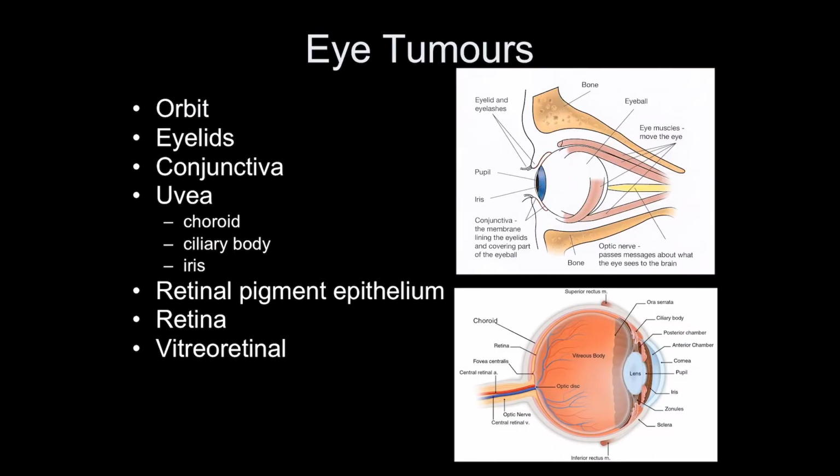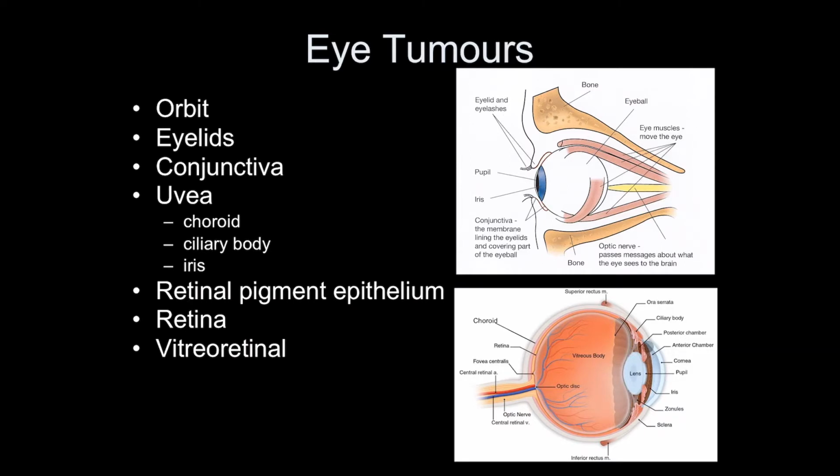Eye tumours can occur anywhere in or around the eye, in many of the tissues: in the orbit, the eyelids, the conjunctiva or the uveal tract, and in other tissues in the eye, the retina, the retinal pigment epithelium, and then in the vitreoretinal space as well. The uveal tract comprises the choroid, the ciliary body, and the iris.